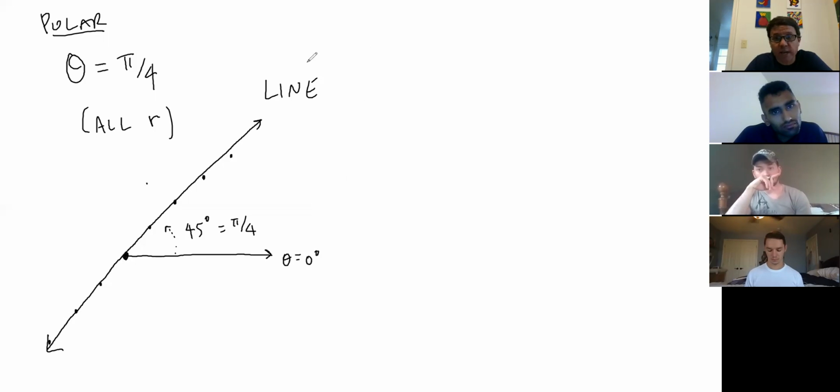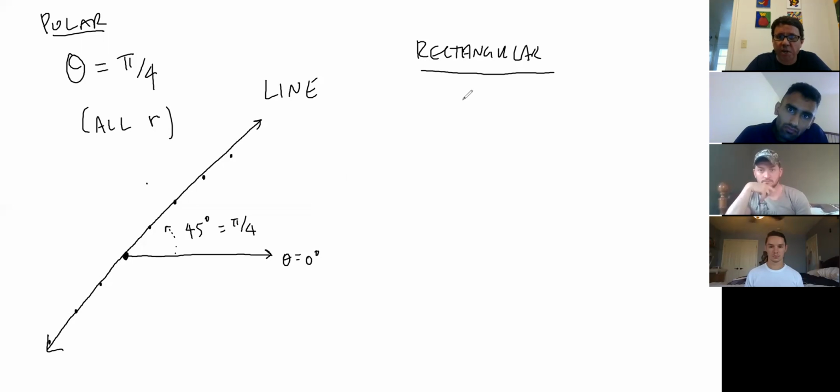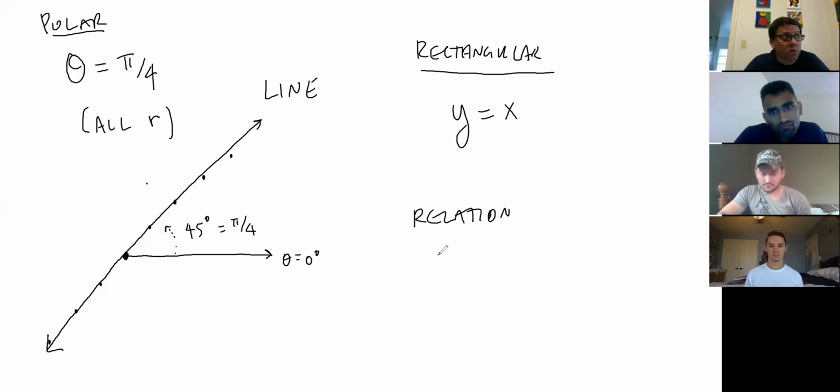Now, if you convert that to rectangular, what line is that? Well, in terms of x and y, I think you probably don't have to do too much thought here: that's just the line y equals x. Just looking at it, that's by inspection. Now, if you really wanted to say, how did you know that for sure? Well, you go back to the relationship that the tangent of the angle is y over x.